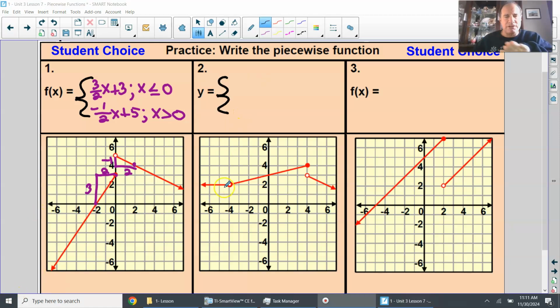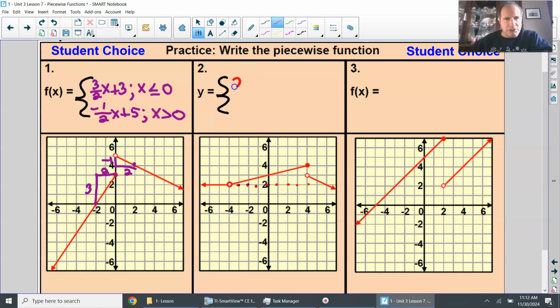Okay, so this is like 3 parts. So we're just going to look at this part first. All right, so if it's continuing, we're continuing it like this. And you can mark up the graph as much as you want. The y-intercept would be 2. And actually, the whole line is y equals 2.